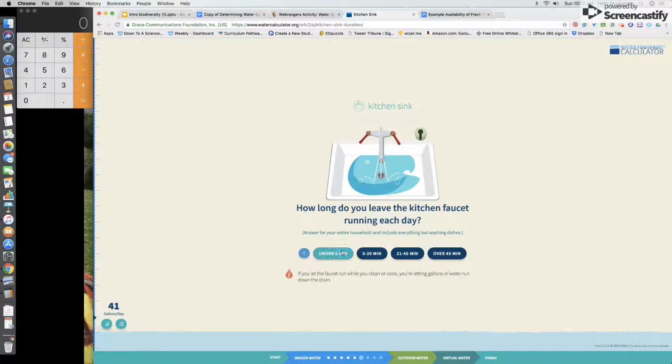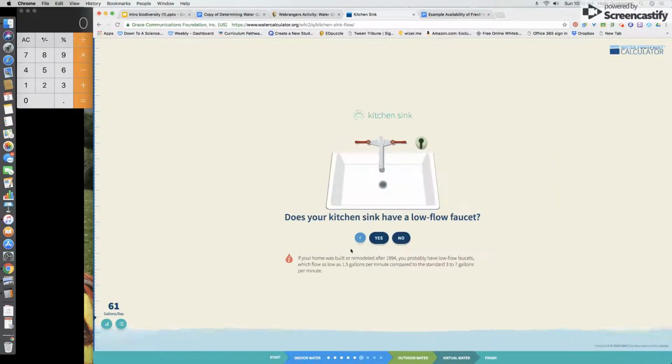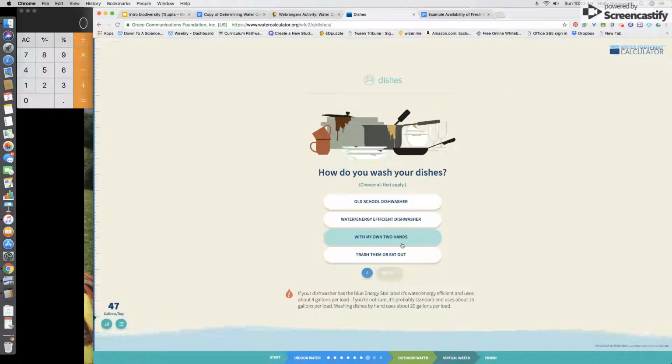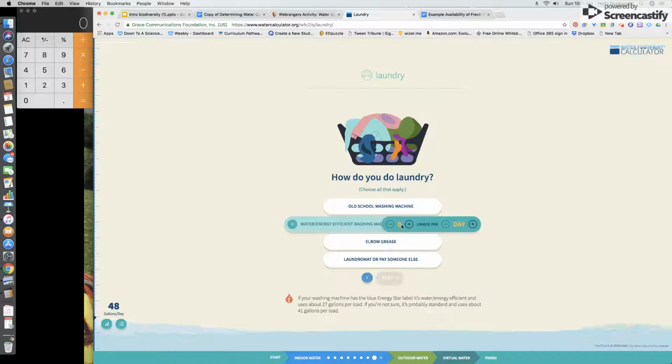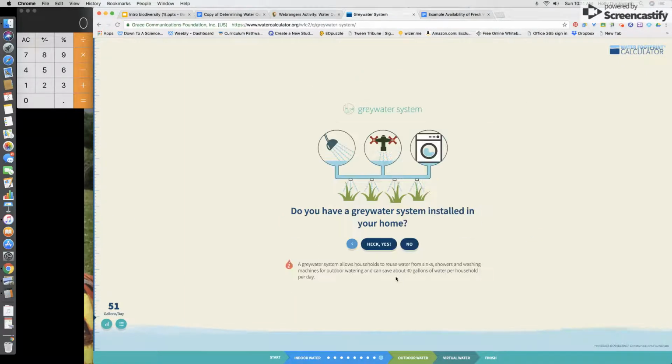Kitchen faucet running. Does your kitchen sink have low flow faucets? Yes. I've recently installed a new dishwasher, so I know it's energy efficient. Same with my wash machine.